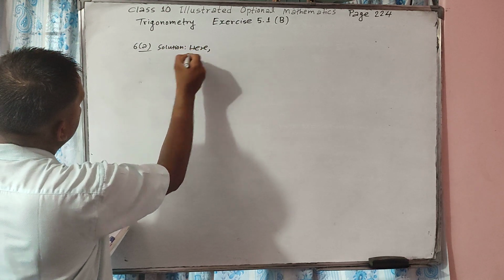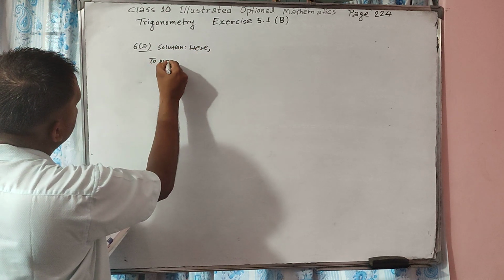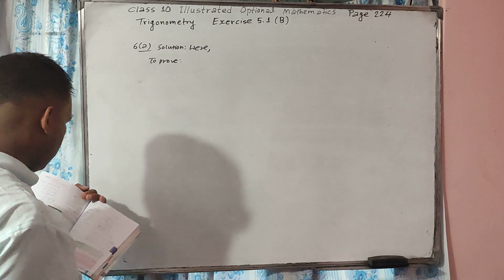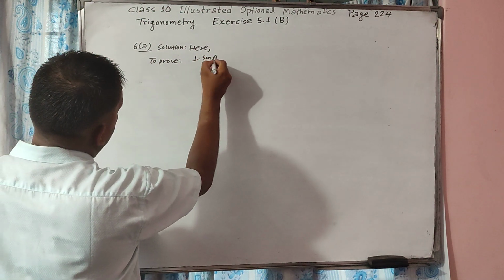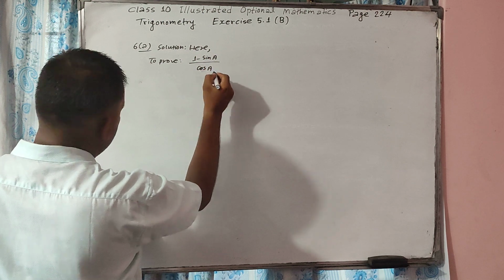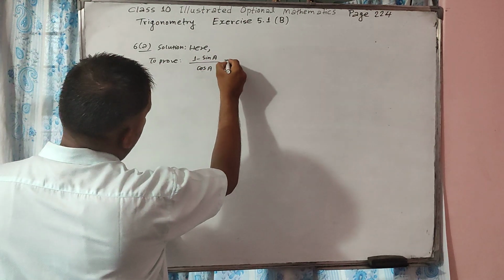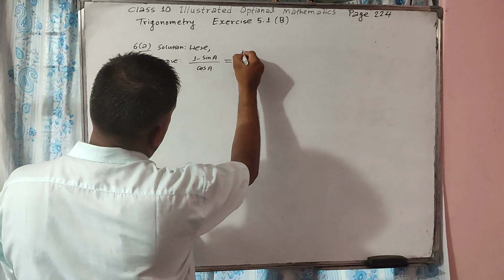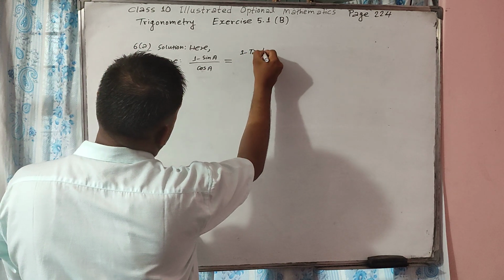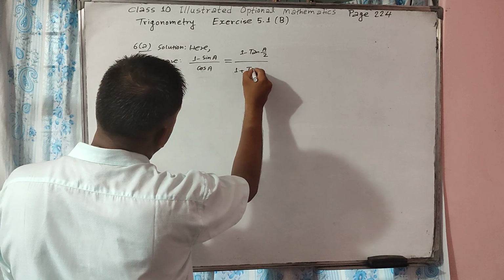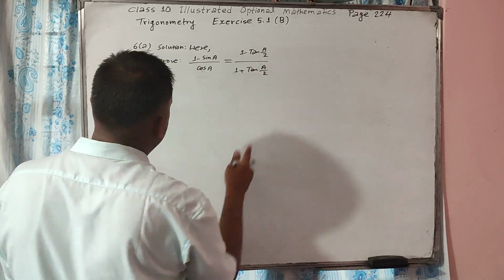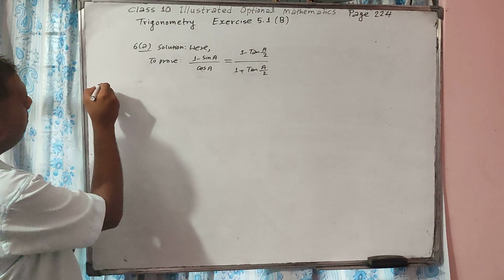Also here to prove 1 minus sin A all upon cos A is equal to 1 minus tan A by 2 all upon 1 plus tan A by 2.